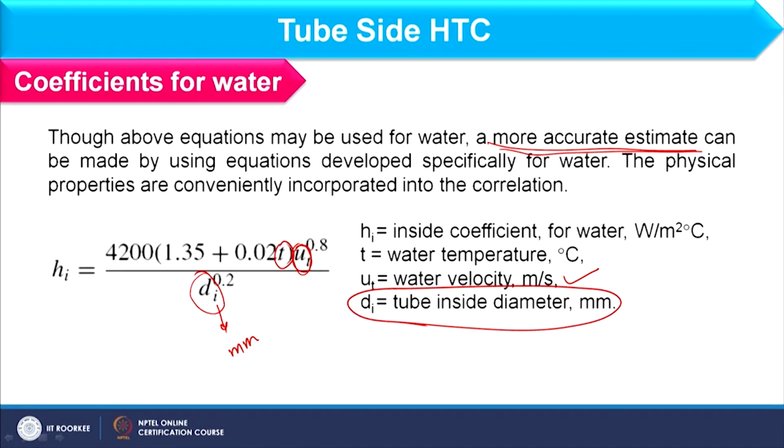And this T is basically the water temperature. Which water temperature? This is basically the average water temperature, because inlet and outlet you have already calculated, so you can consider the average temperature of water and use it over here. So, this expression you should use when you are using water as a fluid.